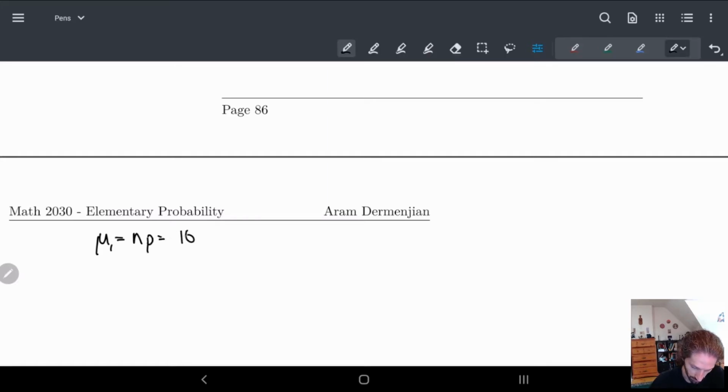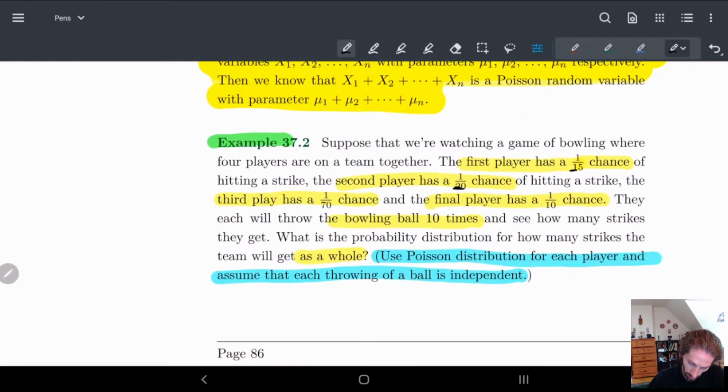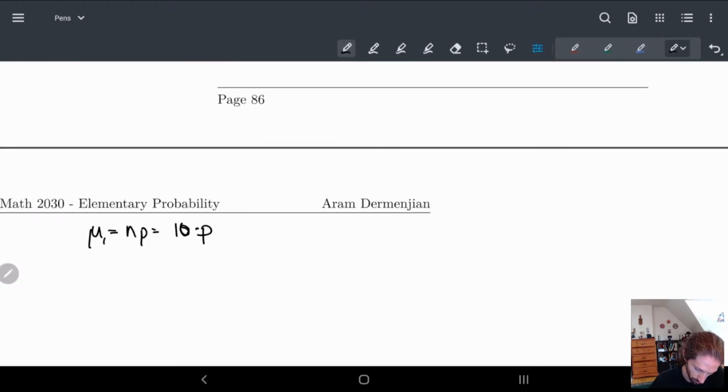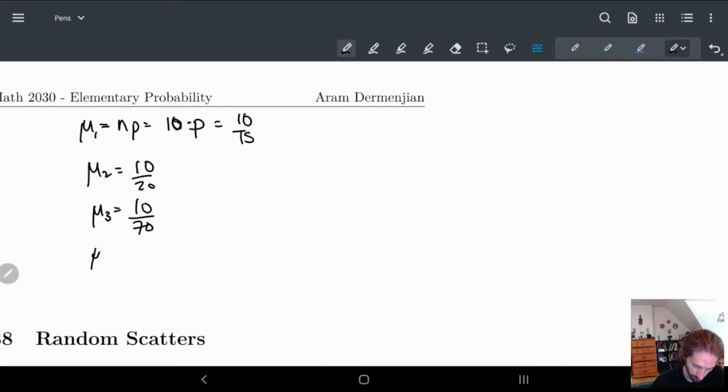So I have 10 times p because they're each doing 10 throws. And so here I have a 1/15th chance. So for example, mu1 is equal to 10 over 15. Mu2 is going to be equal to 10 over 20. Mu3 is equal to 10 over 70. And mu4 is equal to 10 over 10.